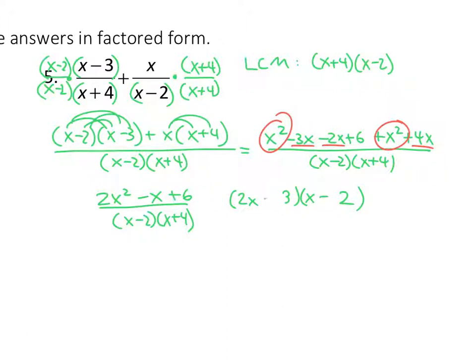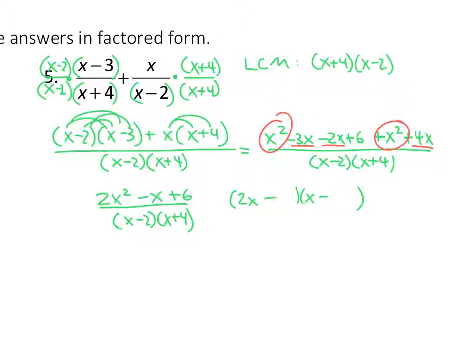If I do minus minus, which I need to add to a negative but multiply to a positive, that's not going to work because I've got negative 3x and negative 4x, and that doesn't work. So I try something else, like maybe 6 and 1.